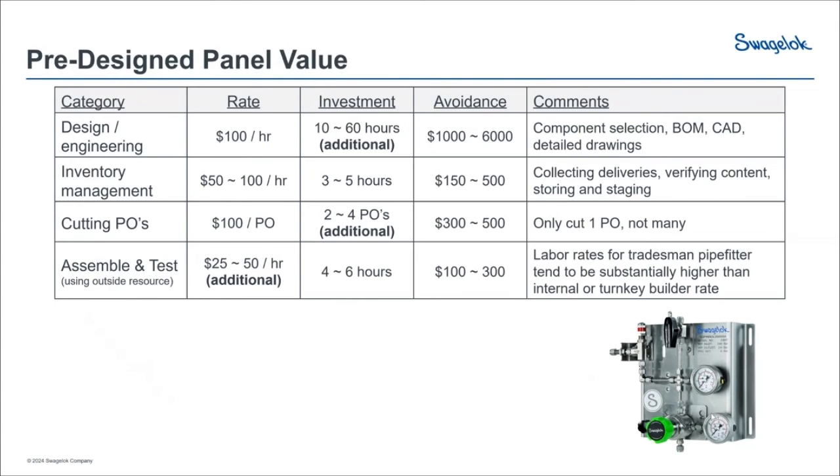And last but certainly not least, a lot of times with organizations that like to do things themselves, they love to bring in an outside party like a mechanical outfit, a pipe fitter, tube fitter, a plumber, who generally have much higher labor rates than an OEM that can provide you these sorts of things turnkey. In the aggregate, there's a heck of a lot of cost avoidance here in leaning into those pre-engineered solutions. Admittedly, the overall cost avoidance here easily exceeds the total price tag of the panel. Said differently, why pay double?